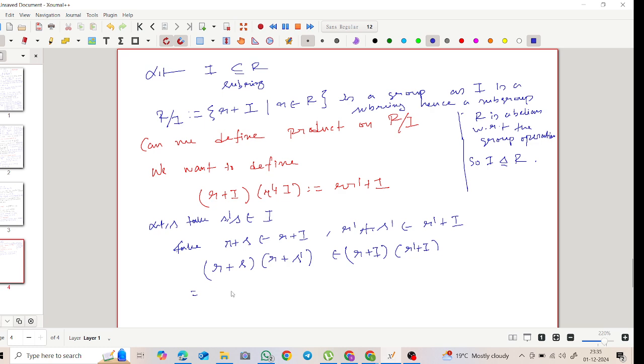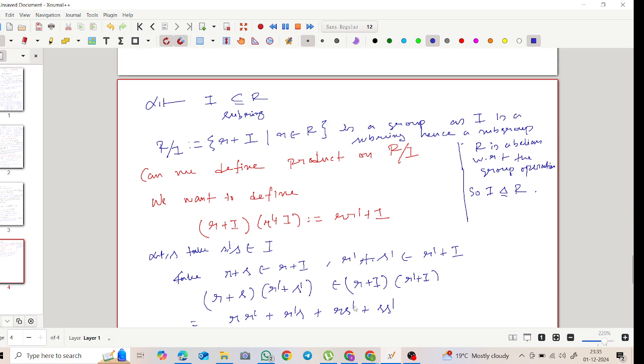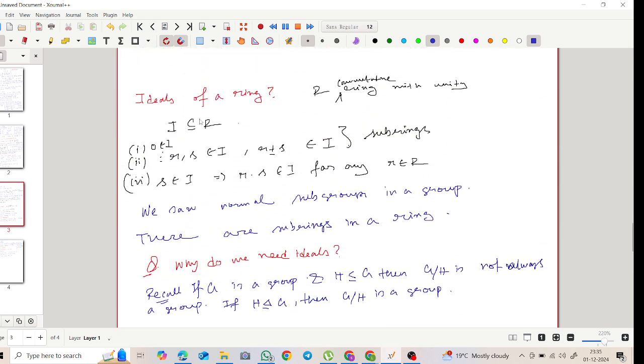What is it? r r prime plus r prime s plus r s prime plus s s prime, right? There was this criteria, sorry: r dot s and r plus minus s.